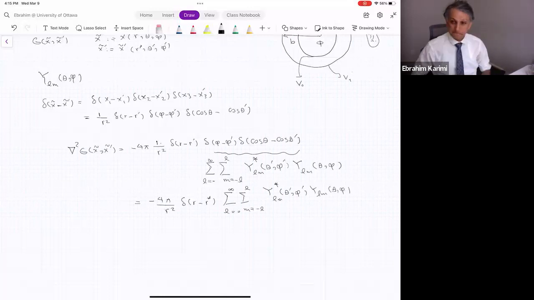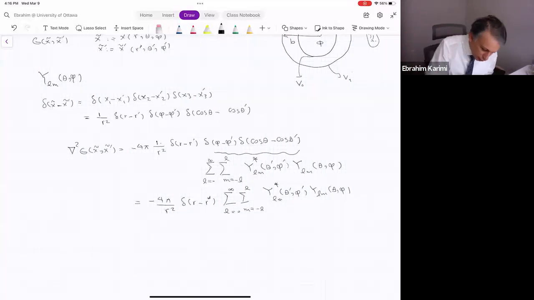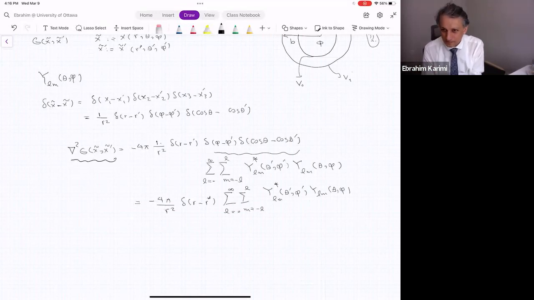Do you agree? This comes from the fact that I know how the delta can be expanded in terms of spherical harmonics. And in addition, I have to solve this equation in spherical coordinates.